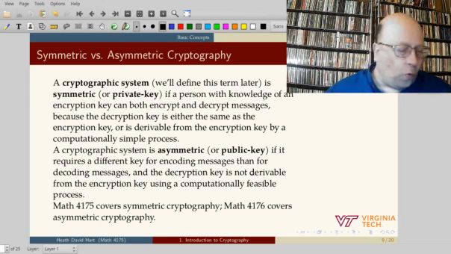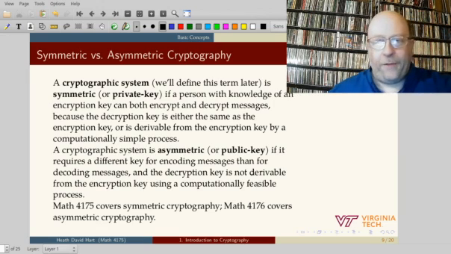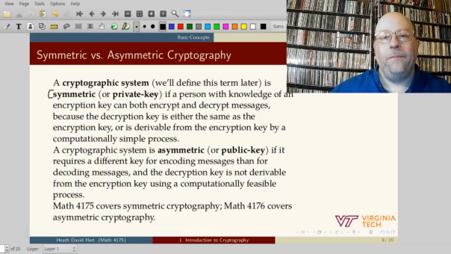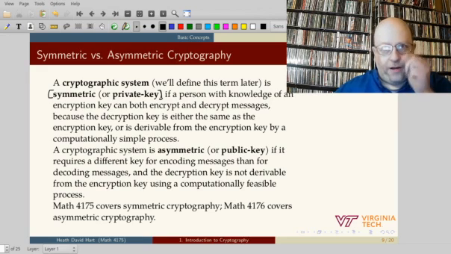So what do the two crypto courses cover and how do they differ from each other? We said that a cryptographic system is symmetric or private key if anybody who knows how to encrypt messages can figure out how to decrypt messages, because the encryption process and the decryption process are so interrelated that knowing one gives you immediate information about knowing the other.